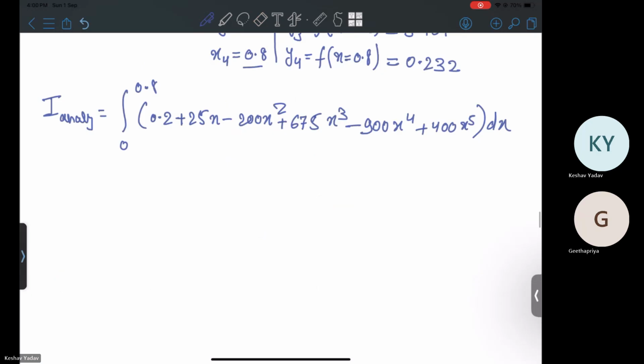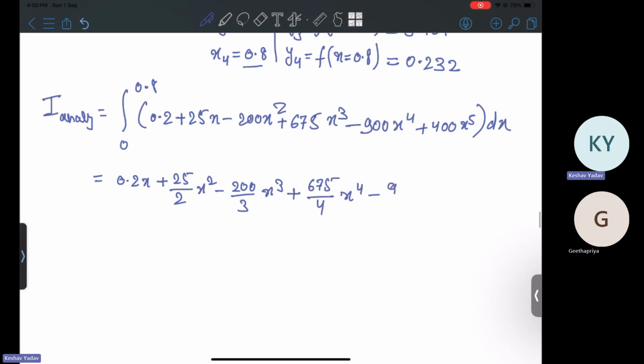So this will be 0.2x plus 25 by 2 x square minus 200 by 3 x cube plus 675 by 4 x to the power 4 minus 900 by 5 x to the power 5 plus 400 by 6 x to the power 6.